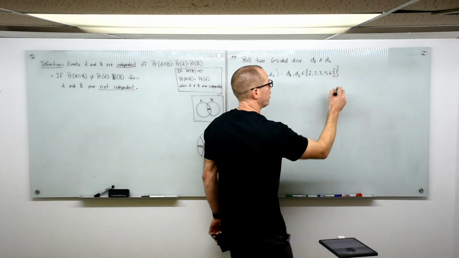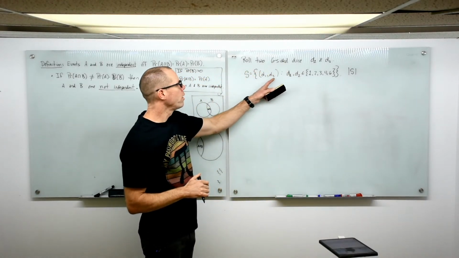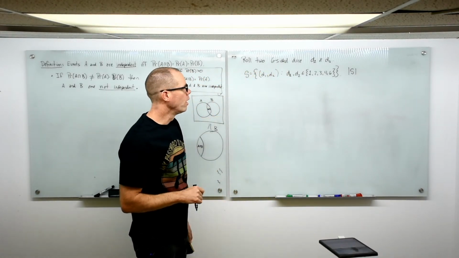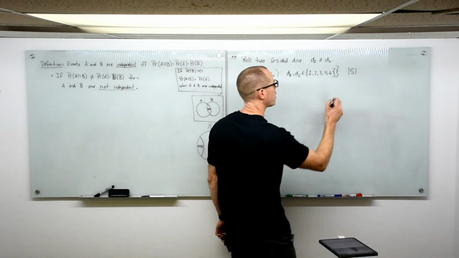Since there are 6 choices for D1 and 6 choices for D2, the size of this set is 6 times 6, which is 36.